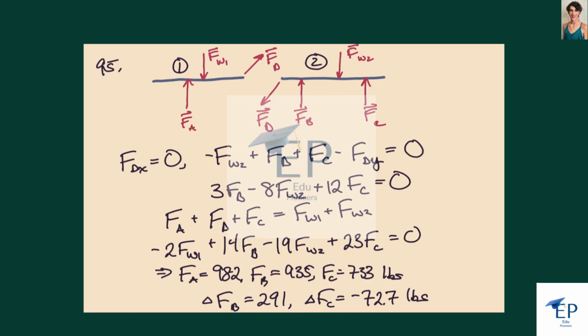We have an internal force here, and we know that horizontally it has to be 0 because we only have vertical loads acting anywhere else. So what I did is I summed forces and moments on the pickup truck, using point D as the origin.